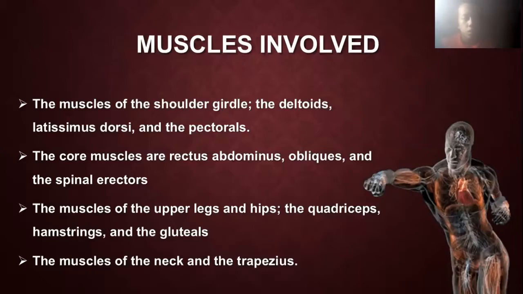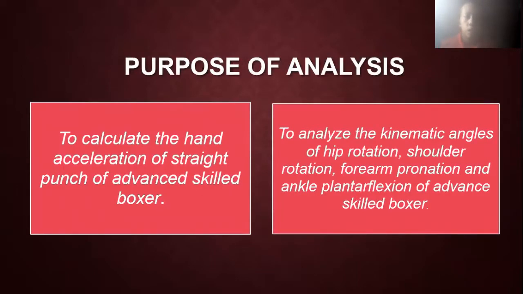All of this is important for athletes to develop to make their performance better during the tournament. Next we'll go to the purpose of analysis. There are two purposes of analysis for the boxing athlete.